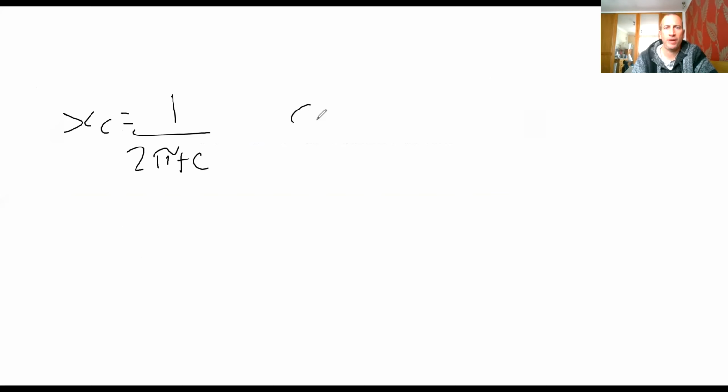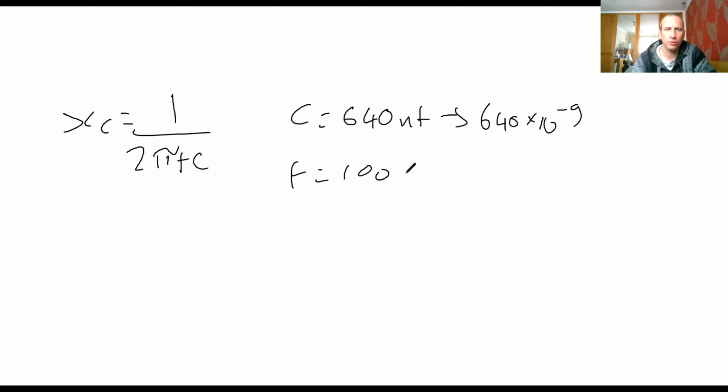And we had a capacitance of 640 nanofarads, or 640 times 10 to the minus 9 for nano. And we had the frequency was equal to 100 kilohertz, wasn't it? Which is 100 times 10 to the 3. And the voltage was 12 volts.